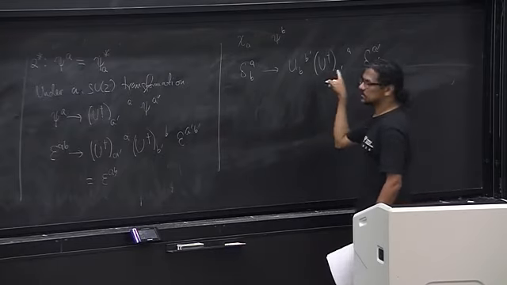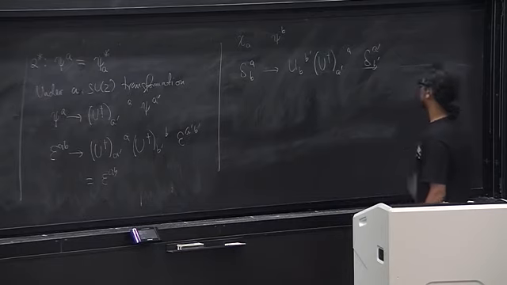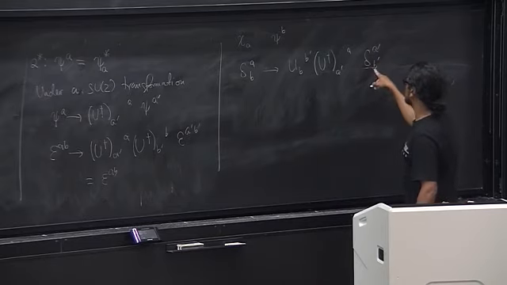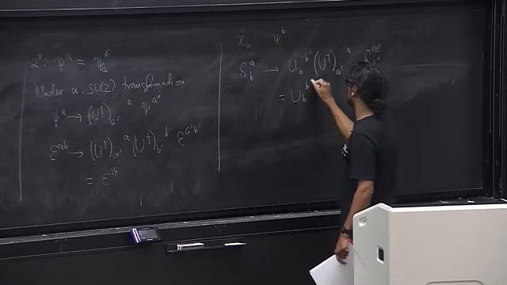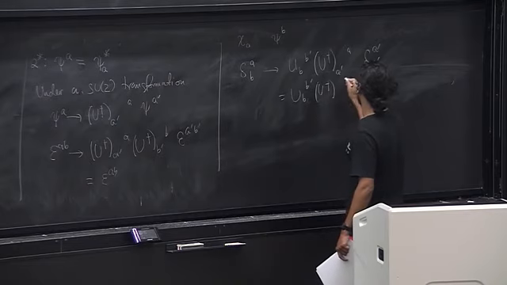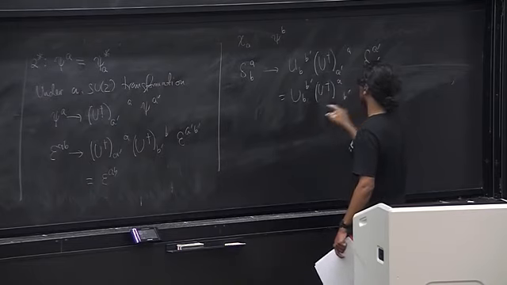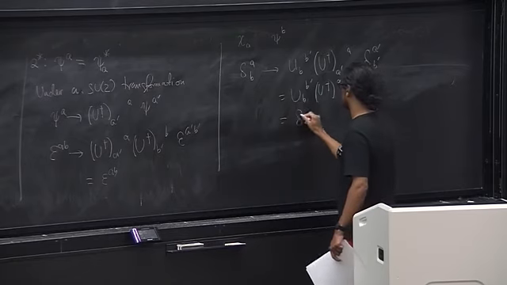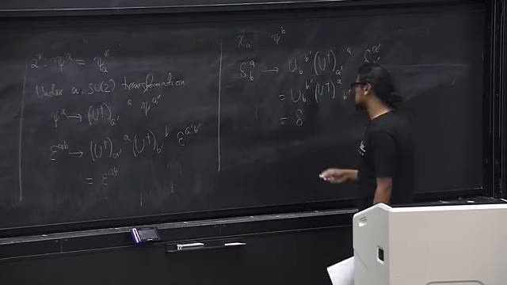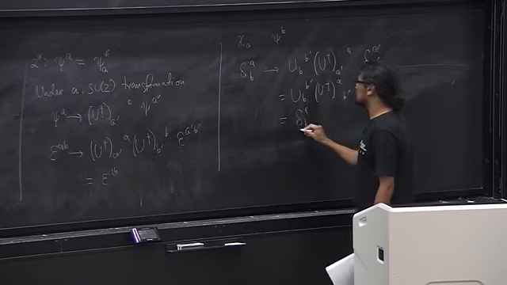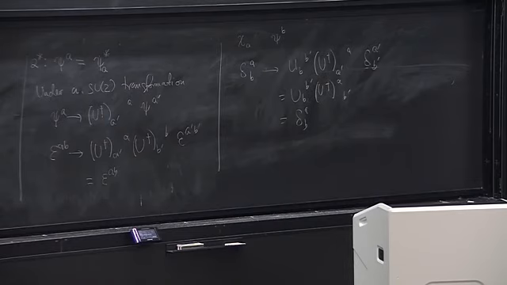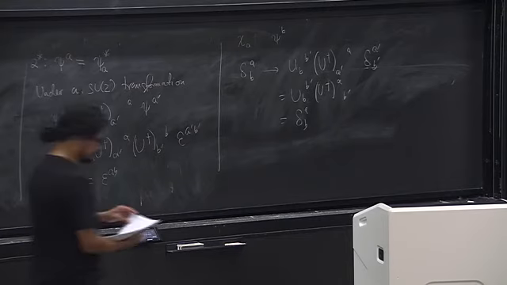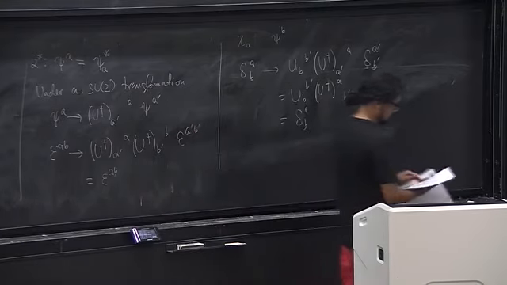But these are just the inverse of each other. If I now use this delta and sum over A prime, I get U of B prime, U dagger of A B prime. This is just matrix multiplication, which gives me U dagger is U inverse, so I get delta A B. So this object is also an invariant tensor of SU2. So these are the invariant tensors of SU2, which will help us build representations.